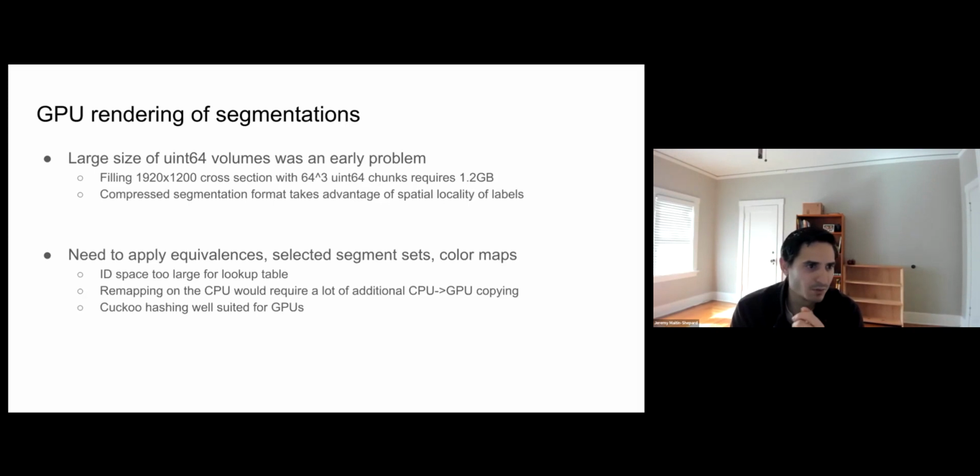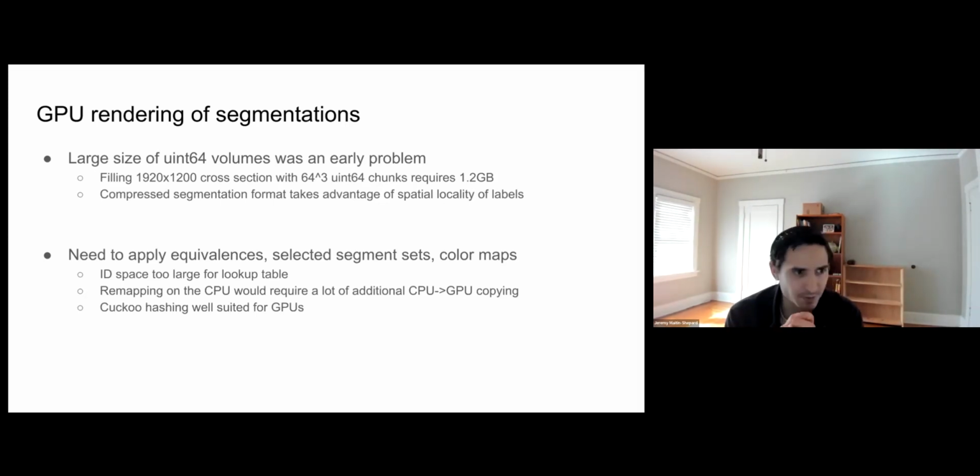Already that's going to be 1.2 gigabytes just for the data for a single view on the screen if stored uncompressed. In Neuroglancer, the default GPU memory limit is 1 gigabyte. So already a single screen full of uint64 volume would be too large to fit in memory.